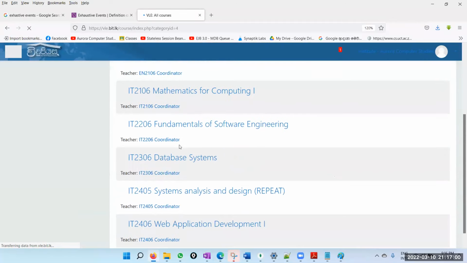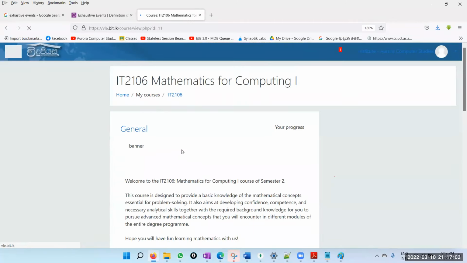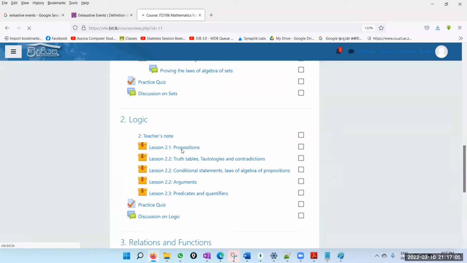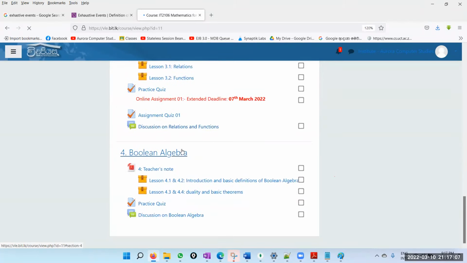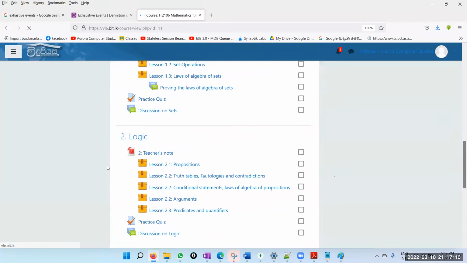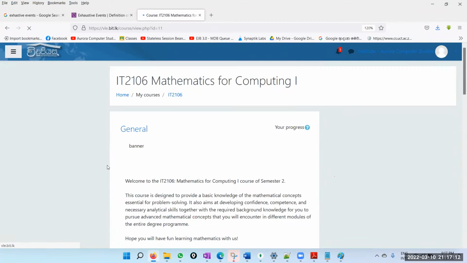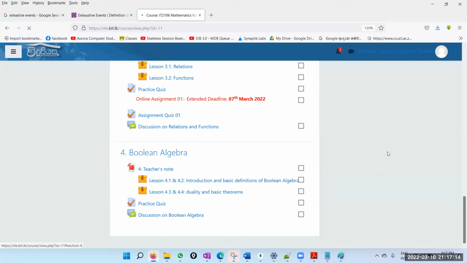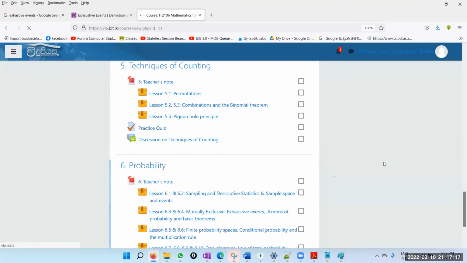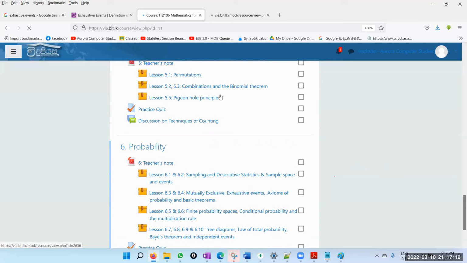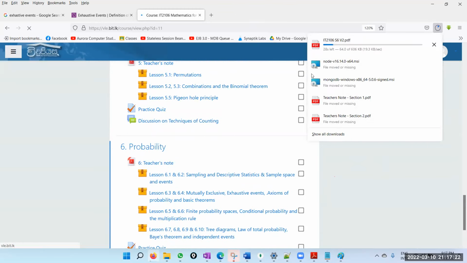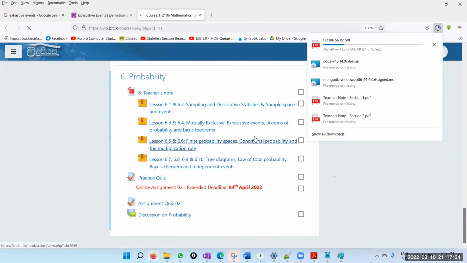Semester 2. Maths. There's probability. Still they haven't published. Oh, published. Okay. Let's double check whether they have the total probability law. It looks like this question is related to total probability law. You can see law of total probability, lesson 6-7. Yes, and the Bayes theorem, both are there, right?